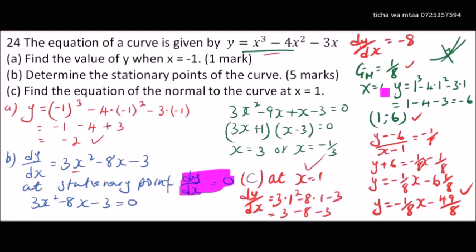And then you should also know what you need to get the equation of a line. That is, you need the gradient and you need another point. This you learned in Form 2, so that is very important. And then of course the general manipulation of that. So that's how you do that, and I hope you have understood.